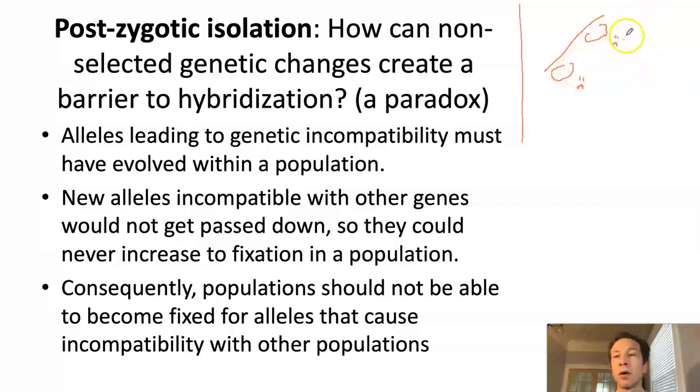So that would be a post-zygotic barrier based on selection for different traits. It's post-zygotic because it has to do with what happens after fertilization. It's a barrier because hybrids are not doing well, and hence they are not being selected.